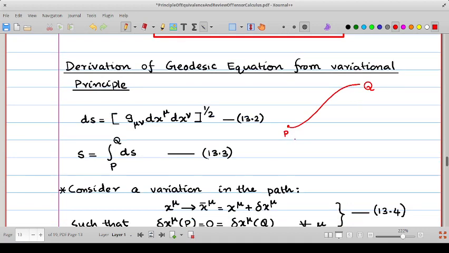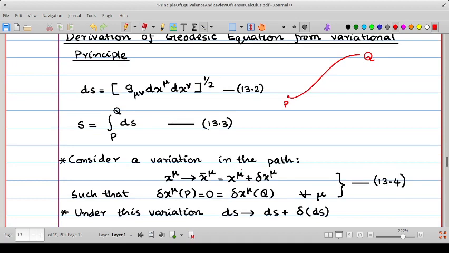Now we consider the derivation of the geodesic equation from the variational principle. In fact, we have defined the geodesic to be the one for which the interval between any two points on that curve is an extremum. An infinitesimal interval in the curved space can be written as the square root of g_{μν} dx^μ dx^ν, where g_{μν} are the components of the covariant metric tensor and dx^μ and dx^ν are the coordinate differentials.